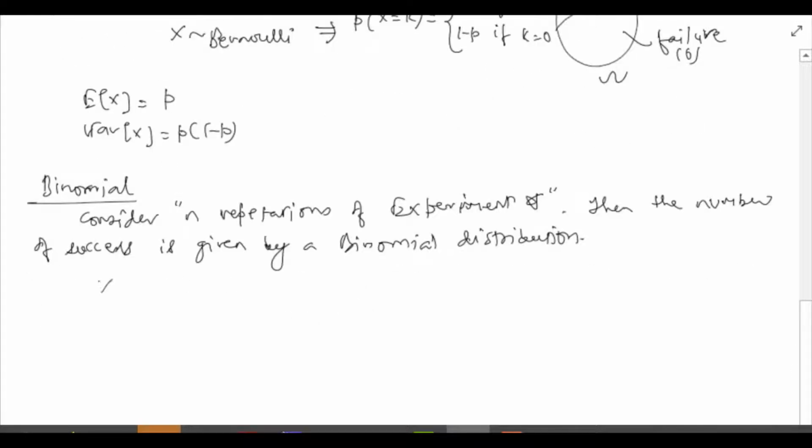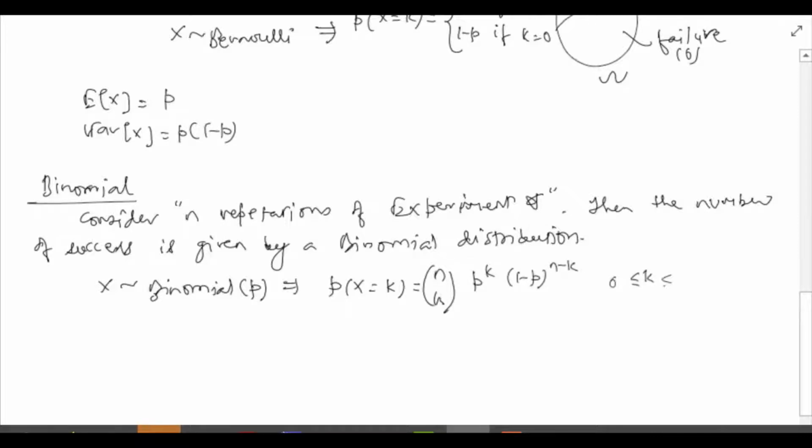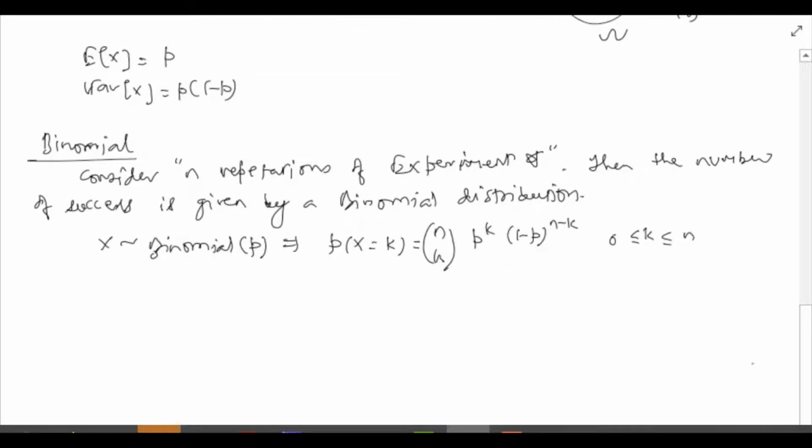When we say that X has binomial distribution with parameters n and p, what we mean is that the probability mass function of this random variable is P_X(k) equal to n choose k, p raised to k, 1 minus p raised to n minus k. Here k is varying between 0 and n. When we do n repetitions, the number of successes could be anything between 0 and n.